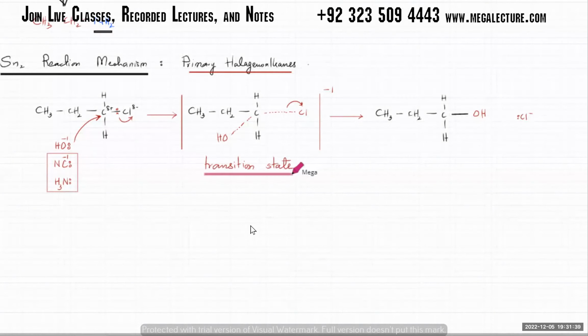A transition state is a very unstable state that is formed where carbon is making partial bonds with 5 atoms or groups.